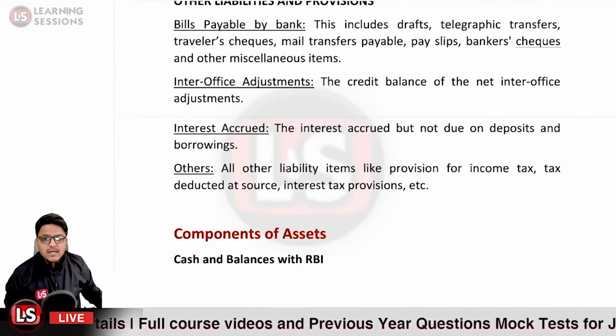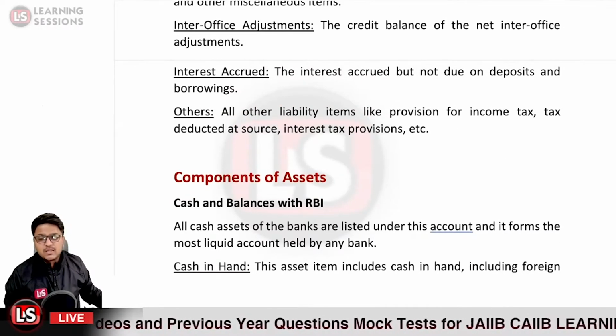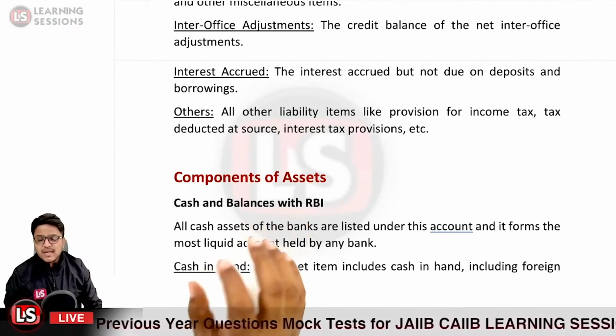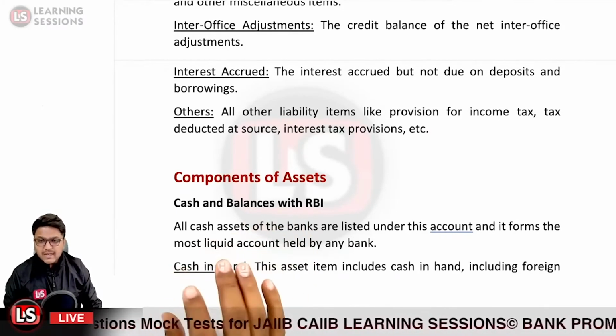Is that clear? Then it is related to the components of the assets. So let us first have a look at the components of the assets. Whatever cash the bank has, the cash in hand, is an asset.